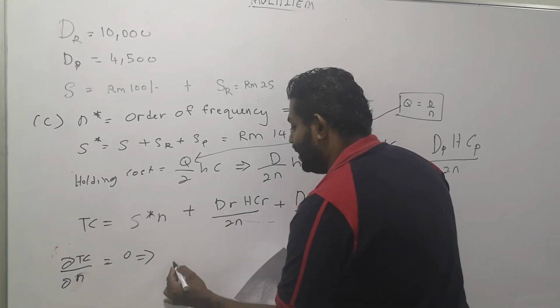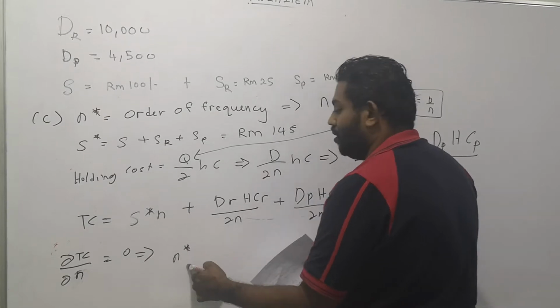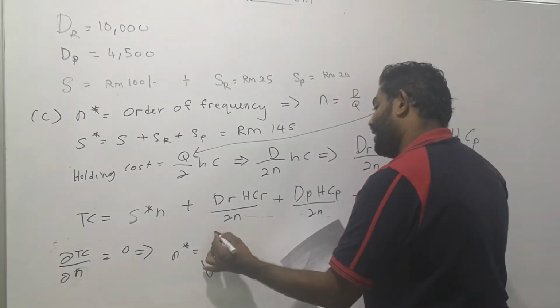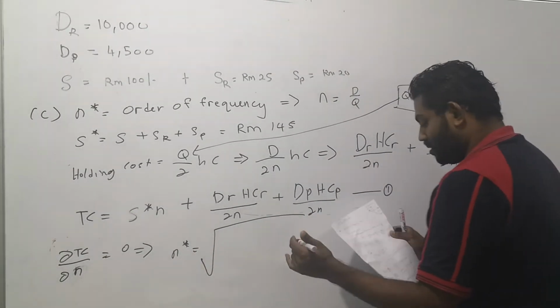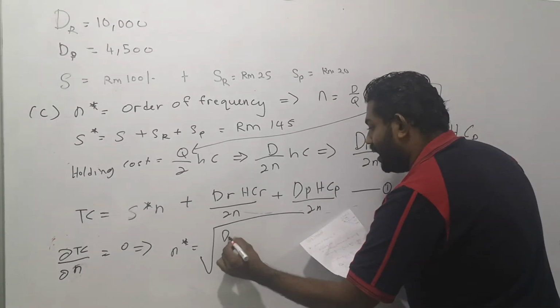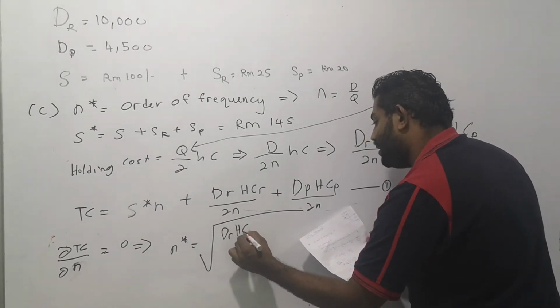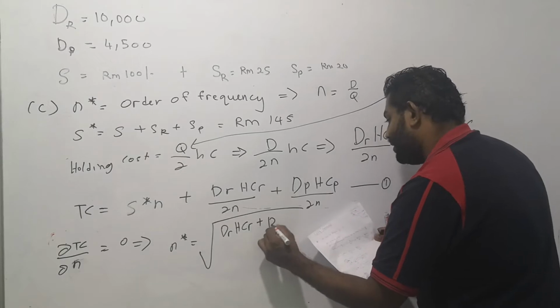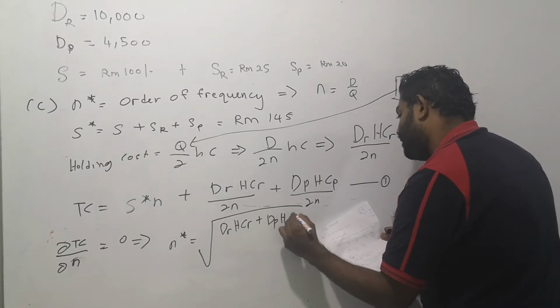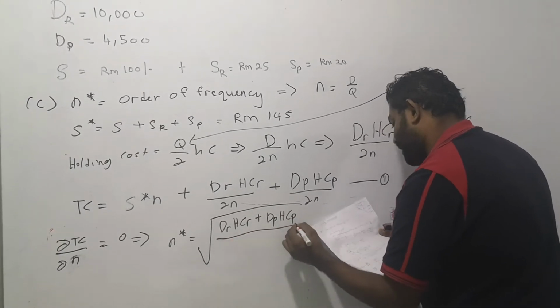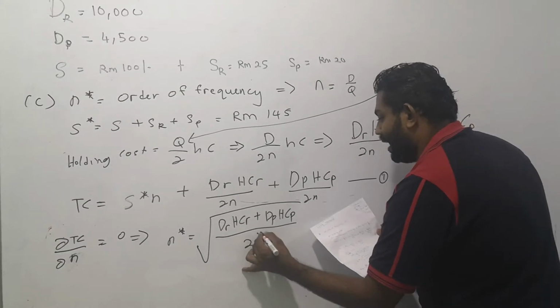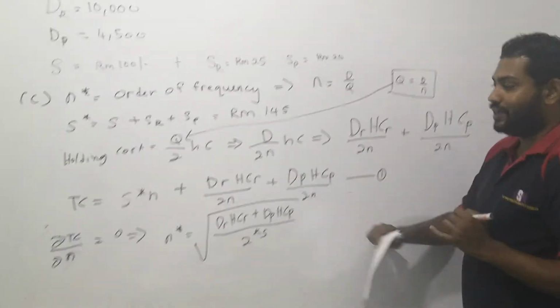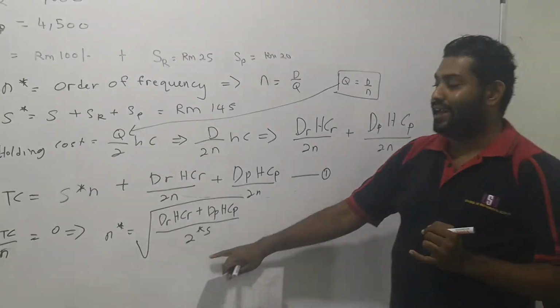What you will get is that the optimal N will be the square root of DR HCR plus DP HCP over 2 times S. You can try to differentiate this equation, you should get this.